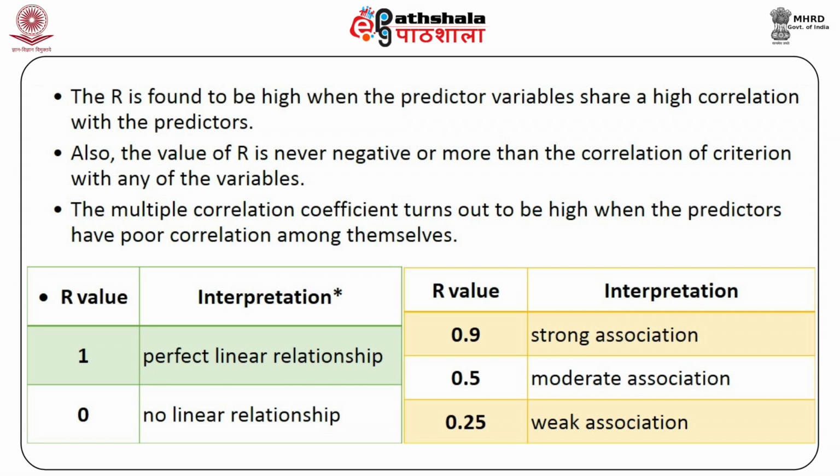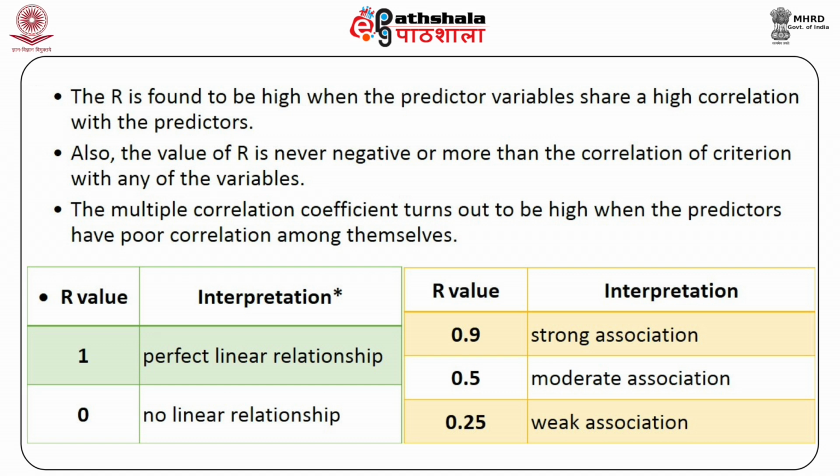Let us see how these values can be interpreted. When you have a value of 1 for R, then the interpretation would be a perfect linear relationship. A value of 0 for R would indicate no linear relationship, whereas the R values which are on the higher side, that is approximating 0.9 or near that, would mean a strong association between the predicted variable and the predictor variable.